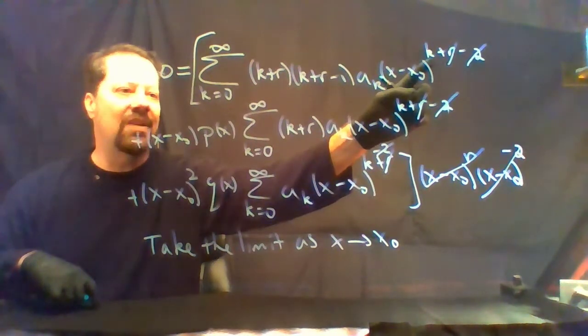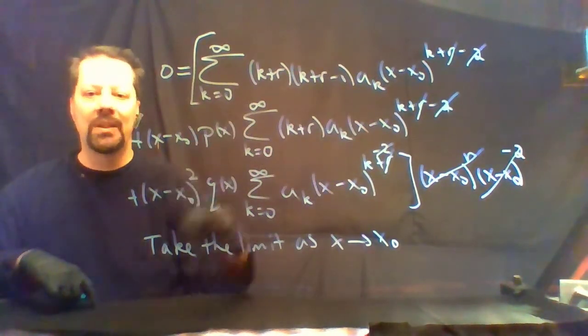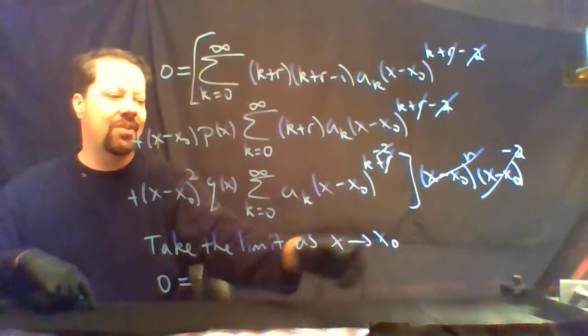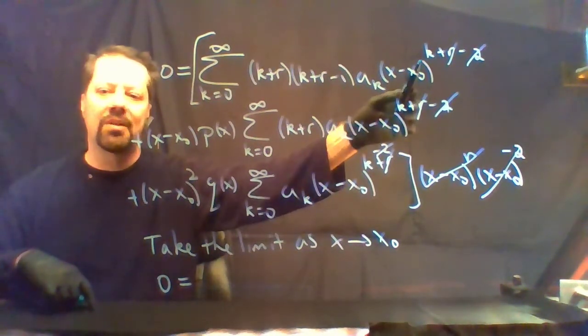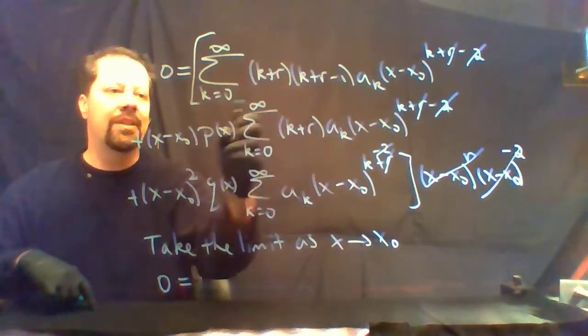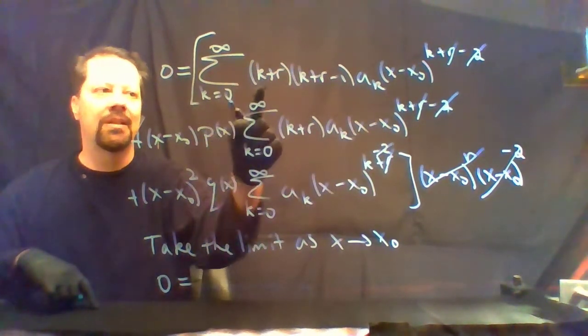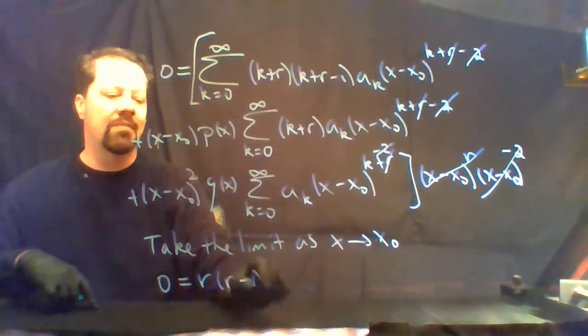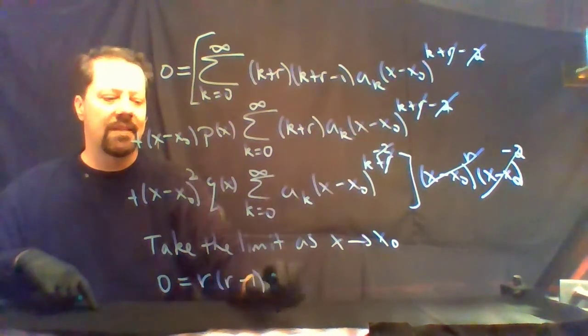Only the k equals 0 term will yield something. If we take the limit as x goes to x naught, almost all of these terms are going to go away. The only one that survives is the k equals 0 term. And what is that? That's going to be r times r minus 1 times a naught.